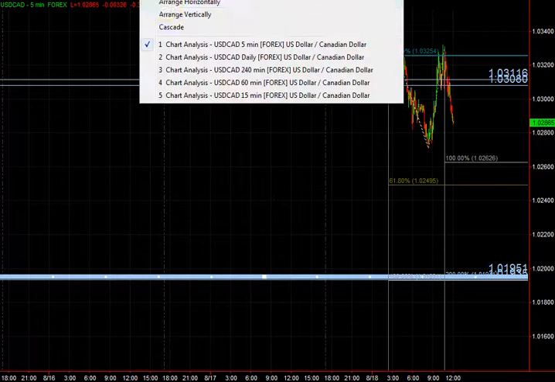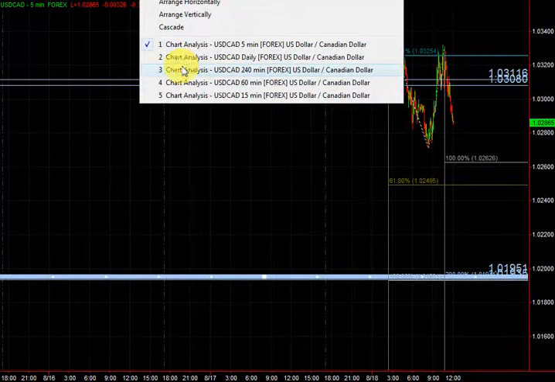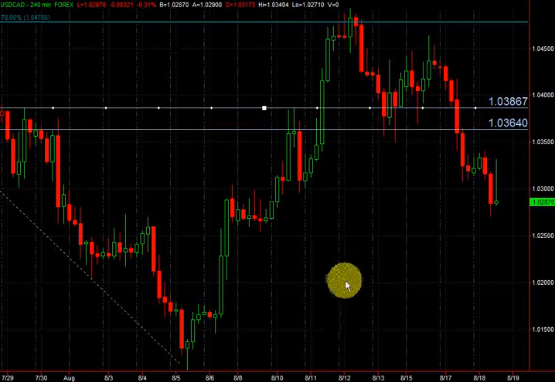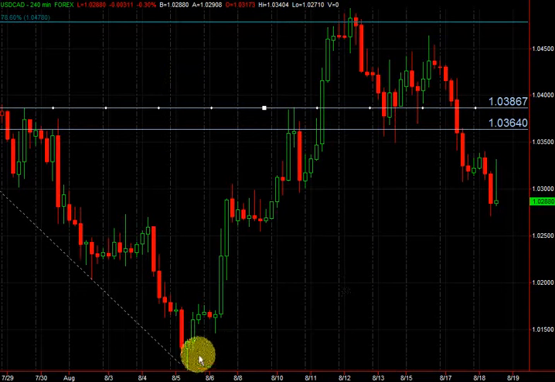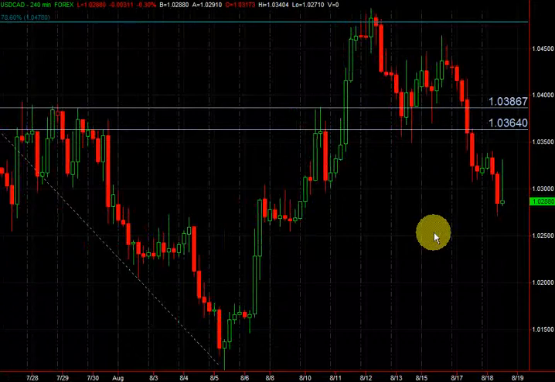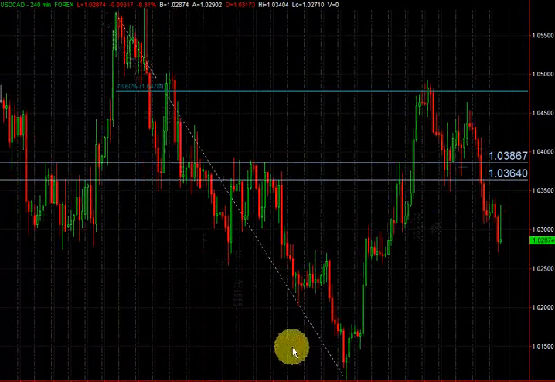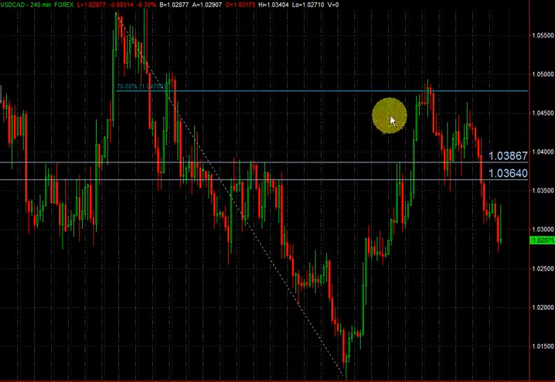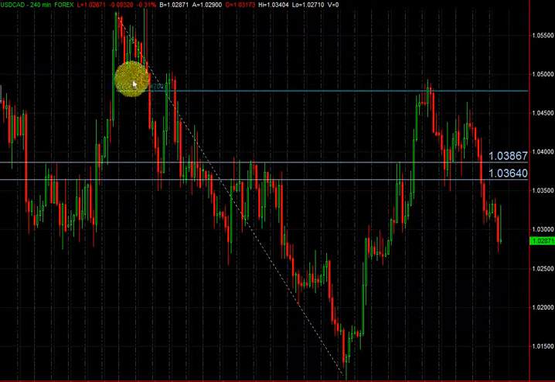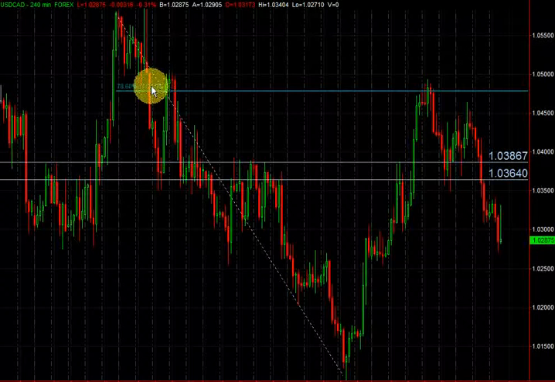So now we went down to the 240 level time frame. The 240 level time frame showed a beautiful Gartley formation. We had a downtrend, and then the price moved back up right to the 78.6 fib retracement level. It retraced from there.